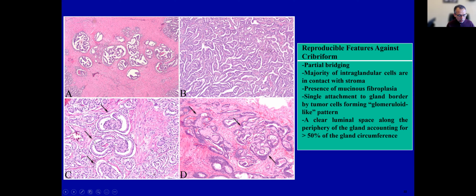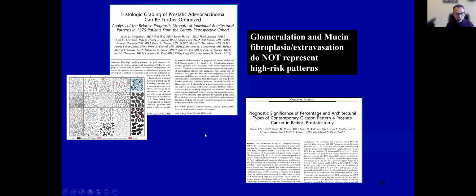And we talked about glomerulation, particularly large glomerulation, which can mimic cribriform cancer gland, but this is the criteria which I was talking about: when you have a peripheral luminal space accounting for more than 50% of the circumference with only one point of attachment of epithelial proliferation, that is considered glomerulation and not cribriform. And we talked about mucinous fibroplasia in an earlier slide as well. This is always a no-no for cribriform cancer classification.